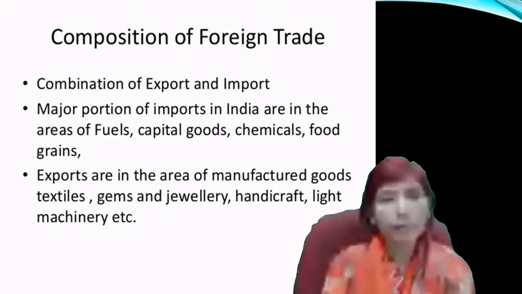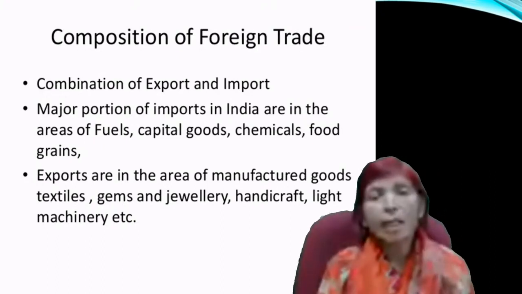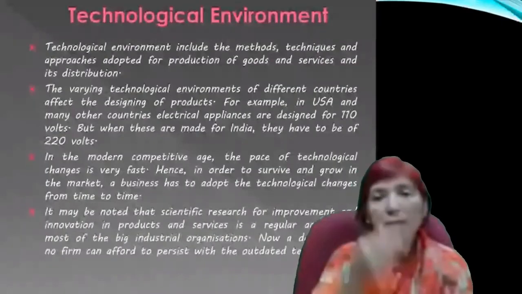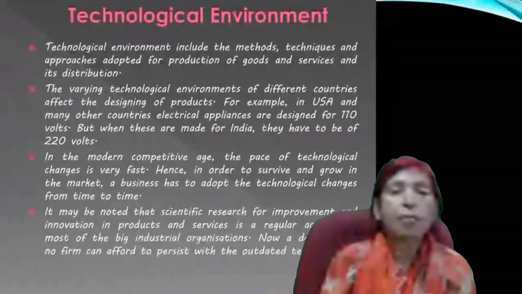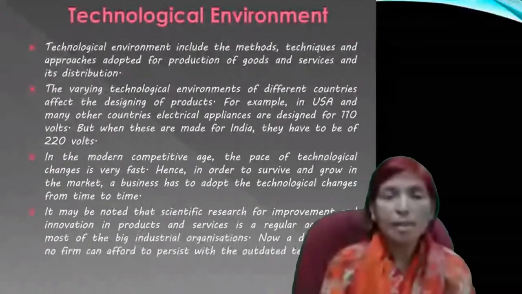Now, technological environment. What is the meaning of this technological environment? You know that it's also the main part of business environment. Technological environment includes the methods, techniques, and approaches adopted for production of goods and services and its distribution.